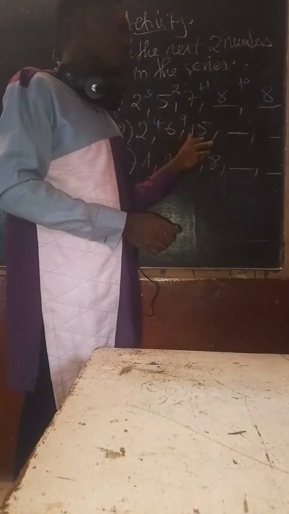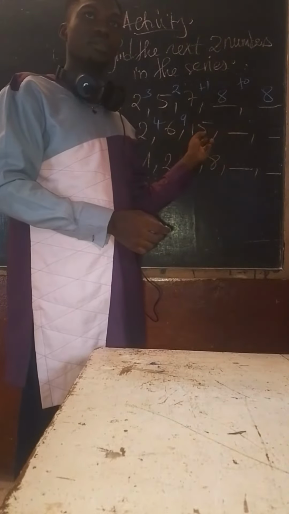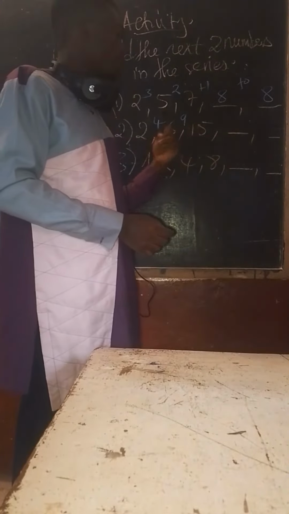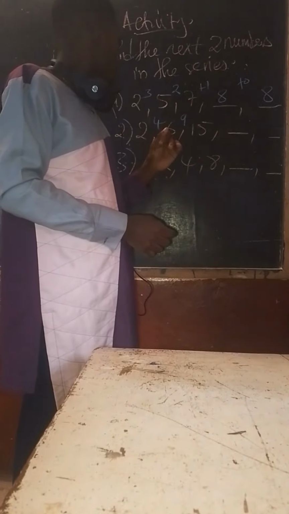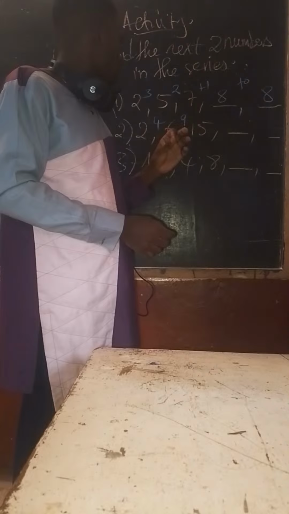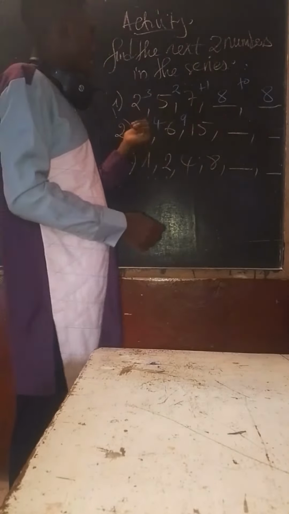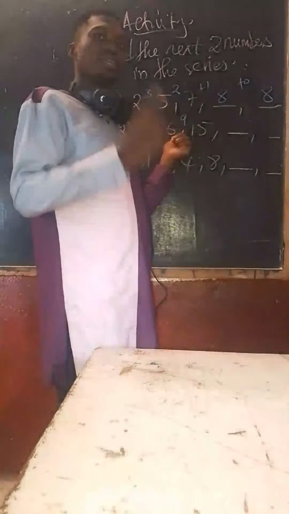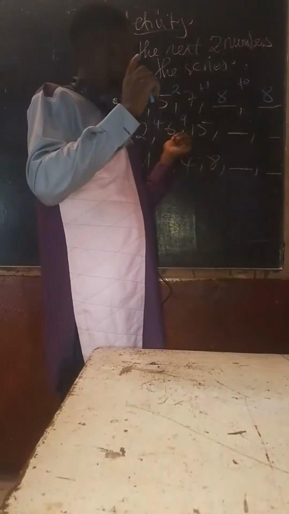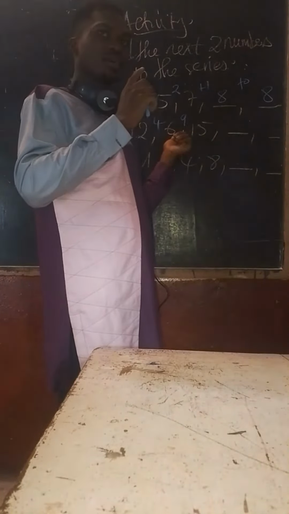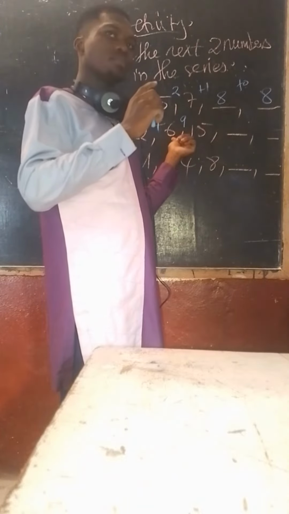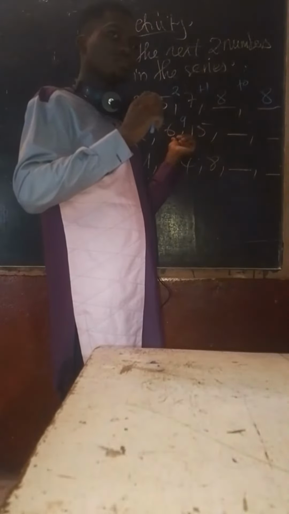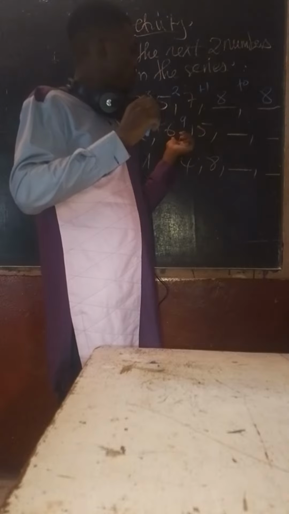Then 3 times 3 was 9, which I added to 6 and gave me 15. Then 3 times 4 was 12, which I added to 15 and gave me 27.